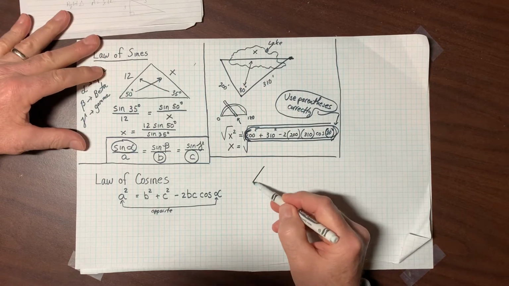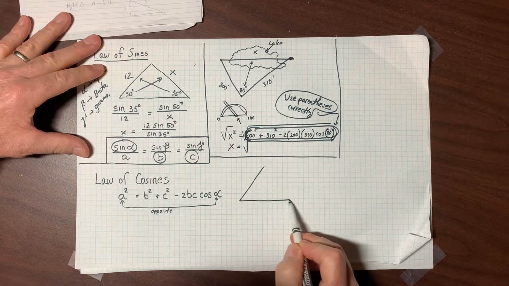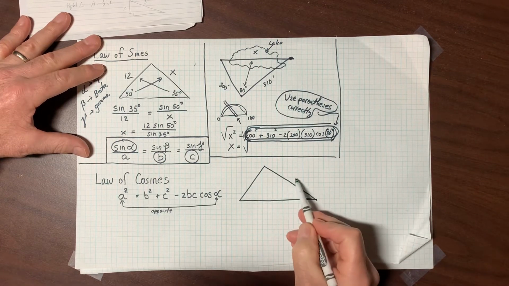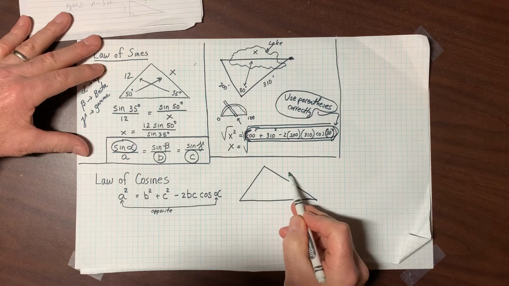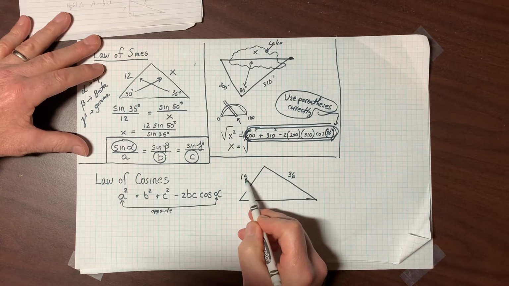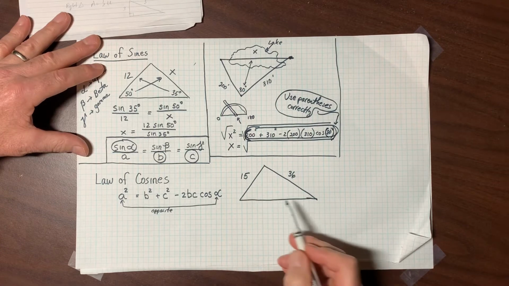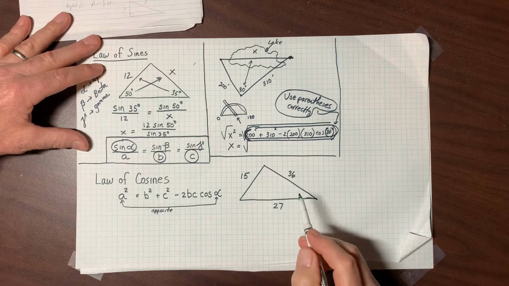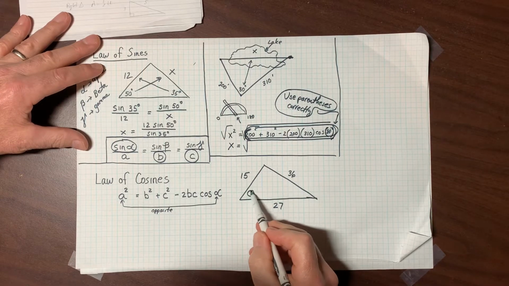So here's a triangle. I'm just making this up as I go. Let's say this side over here is 36 units. And this side over here is 15 units. And this side is, say, 27 units. So I know the three sides. And I'm going to put theta right here.